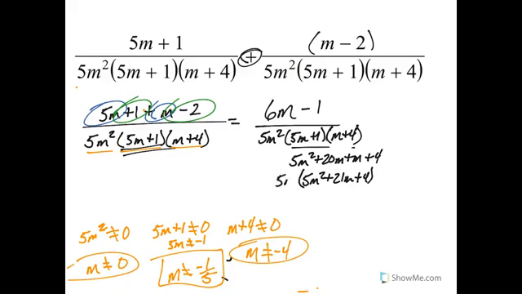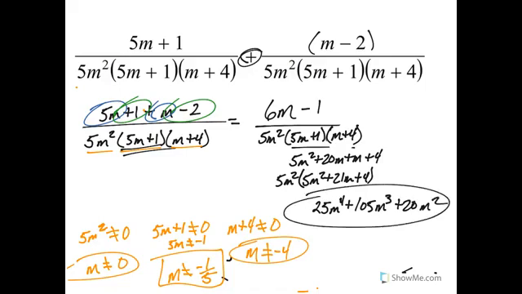And then you would have to distribute still by 5m squared. So your denominator could be written as 25m to the fourth plus 105m cubed plus 20m squared. I imagine the denominator is going to be left like you see it here, but that is also a potential answer right there.